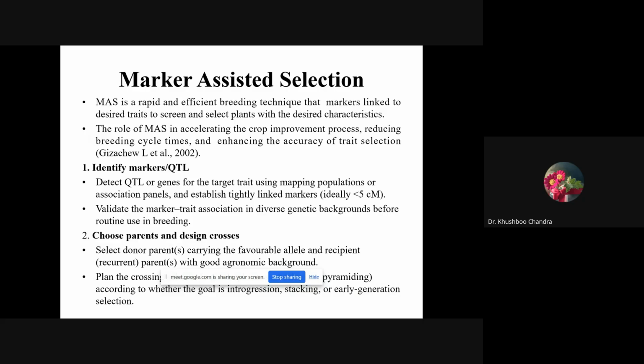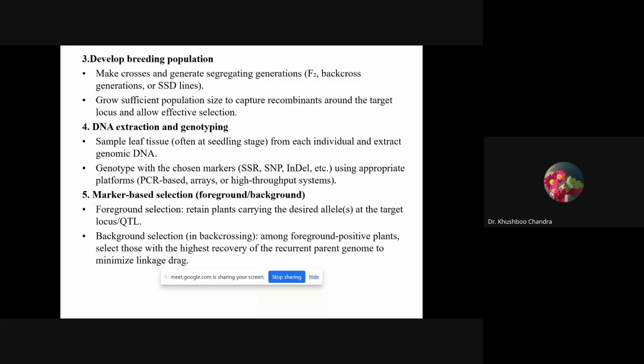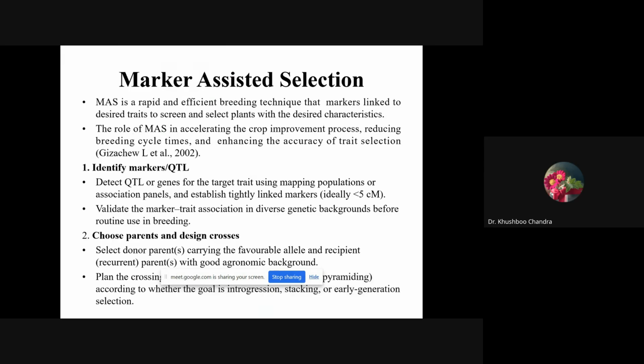Then you go for the development of the breeding population, then the pyramiding of genes. Ultimately, firstly you have to identify the marker and QTL. You have to validate the marker-trait association in different genetic backgrounds before utilizing it.